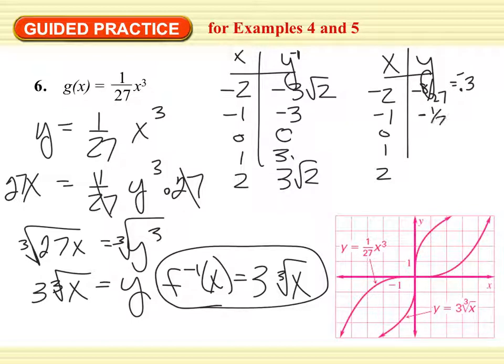Negative 1 over 27 is negative 0.04. 0. I'm going to have positive 0.3 and positive 0.04. So that's how I get those very sketchy graphs. Cool?